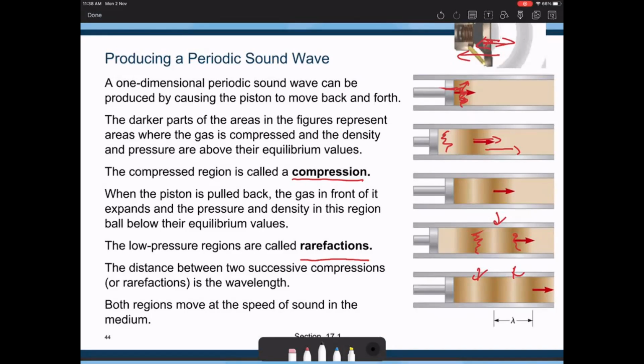And there are also regions where there is a slightly lower density of the particles, and that would be the region of the rarefaction. So it is the continuous generation of the compression and rarefactions that permits the transmission of the sound wave.